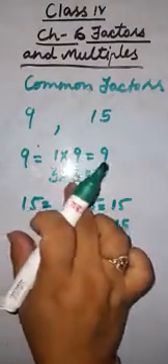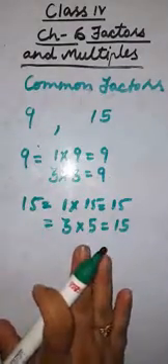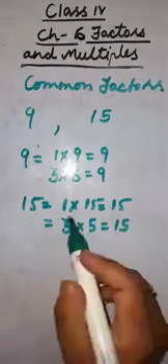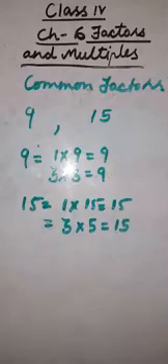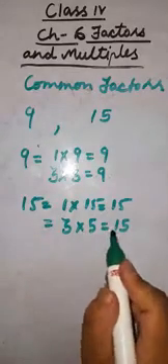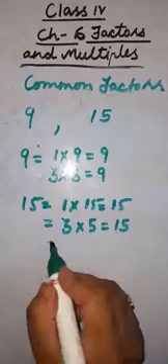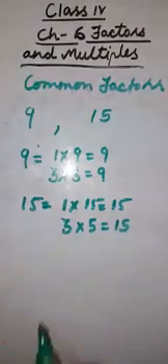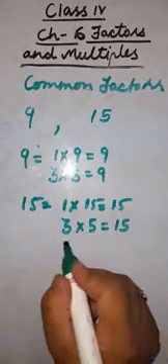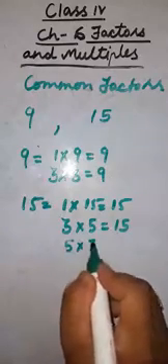Okay, here the number is repeating, but just look at the next number. Here 1 multiplied by 15 is equal to 15 and next is 3 multiplied by 5 is equal to 15. Now 3 5s are 15. So 15 does not come in the table of 4. Then we will write here 5 3s are 15.